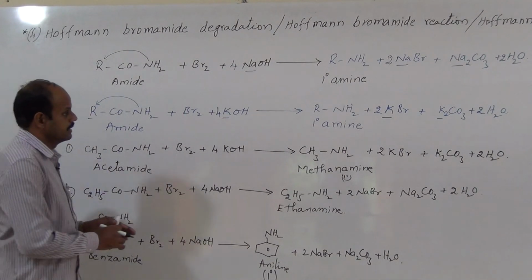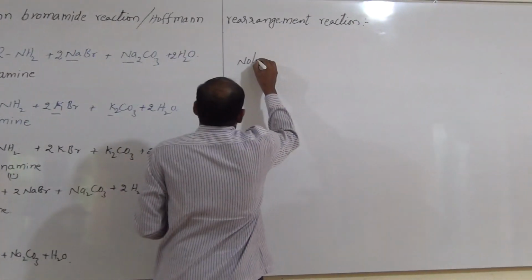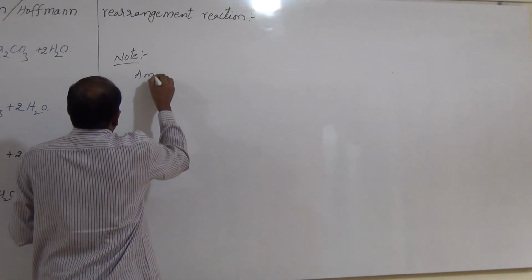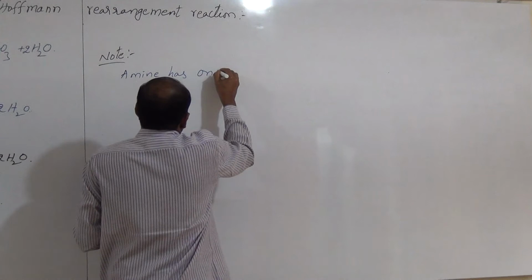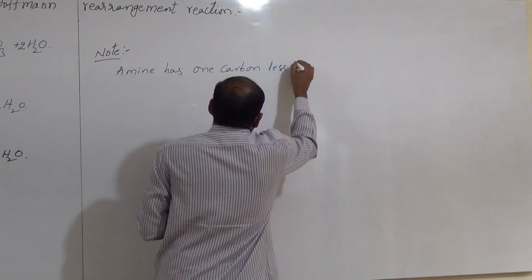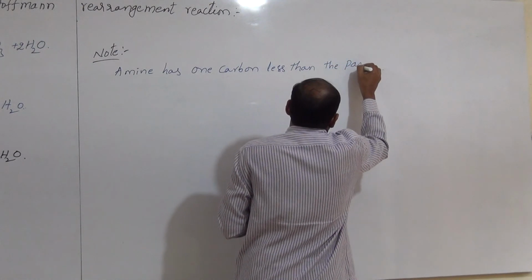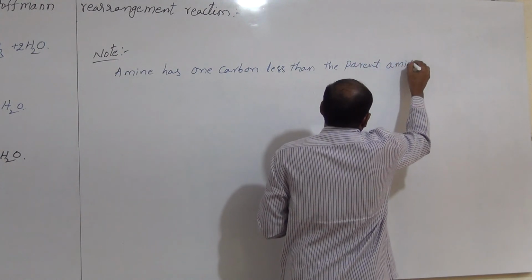Okay. Thus note, in this method the amine has 1 carbon less than the parent amide.